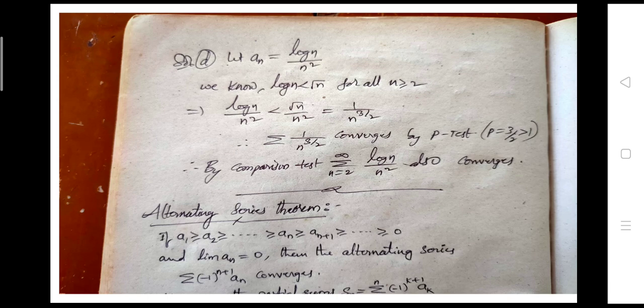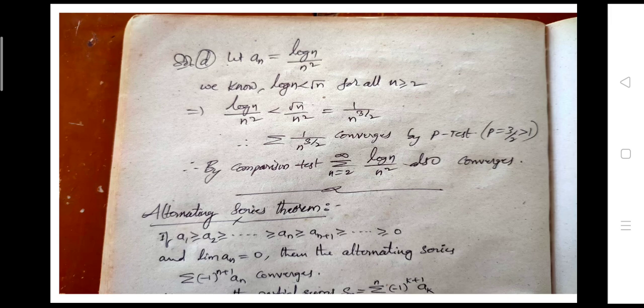Now we have discussed the alternating series theorem. What is the statement? If a1 is greater than or equal to a2 greater than or equal to, and so on, greater than or equal to an greater than or equal to an plus 1 greater than or equal to, and so on, greater than or equal to 0, and the limit of an is equal to 0, then the alternating series sigma minus 1 whole power n plus 1 an converges.